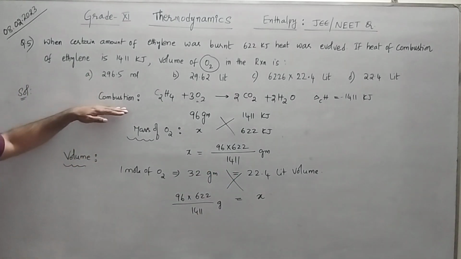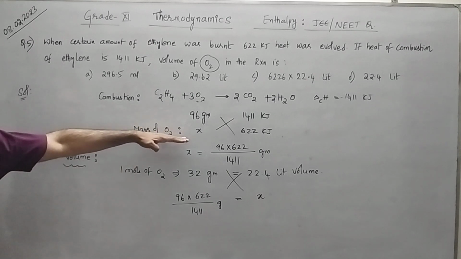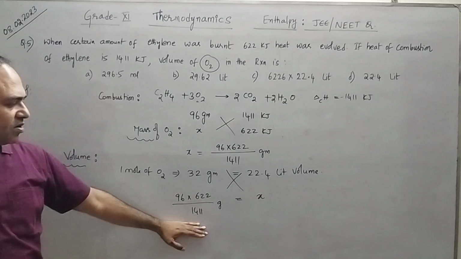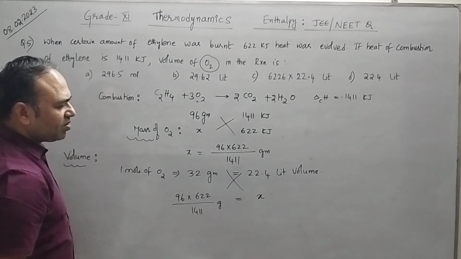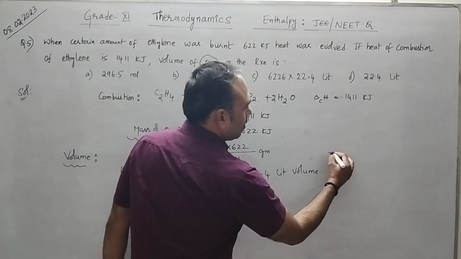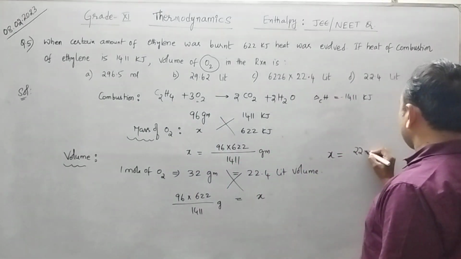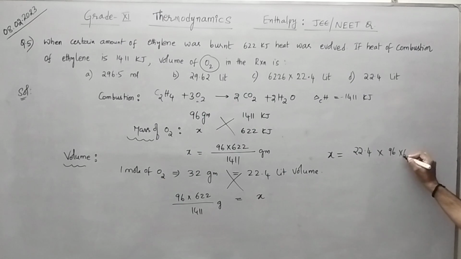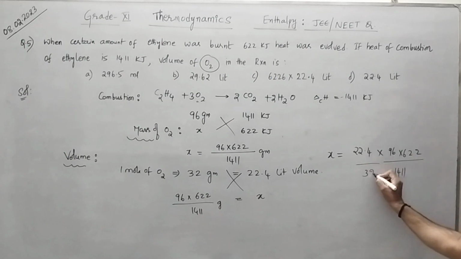Hope you have understood this. I have taken the combustion equation. From that I calculated how much mass of oxygen is given, and the standard value 32 grams will occupy 22.4 liters. Now this much oxygen occupies X volume. Cross multiply, X is equal to 22.4 into 96 into 622 by 1411, divided by 32.